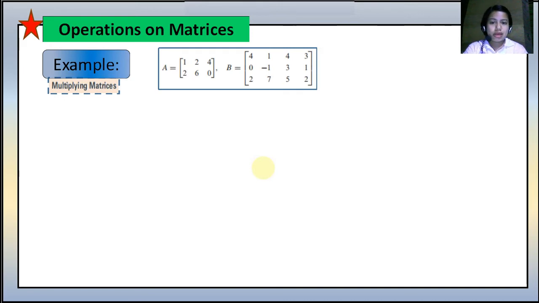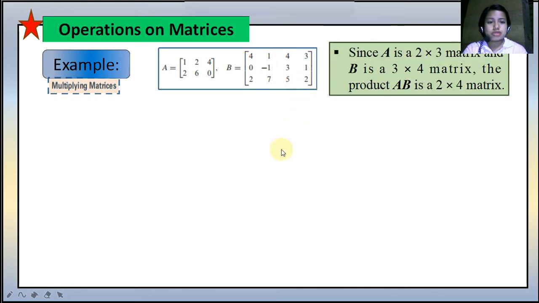We are given a matrix A, a 2 by 3 matrix with entries 1, 2, 4, 2, 6, 0, and matrix B, a 3 by 4 matrix with entries 4, 1, 4, 3, 0, negative 1, 3, 1, 2, 7, 5, 2. So since A is a 2 by 3 matrix and B is a 3 by 4 matrix, the product AB is a 2 by 4 matrix.